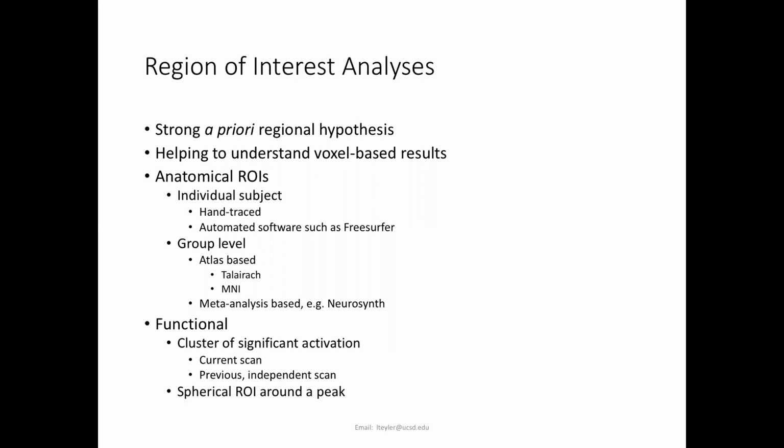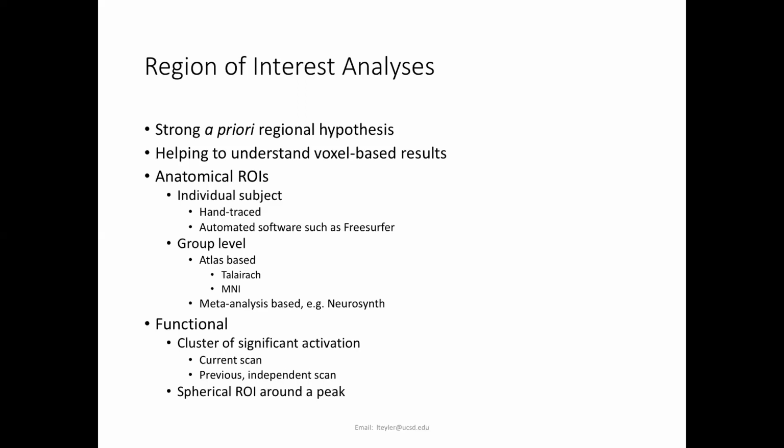And so, if so, you'll probably want to apply a region of interest or an ROI mask. But also, region of interest analyses can be helpful to understand your voxel-based analyses, and understand what exactly is going on in those clusters that you've identified as being different between two groups. And I'll get back to that a little bit more.